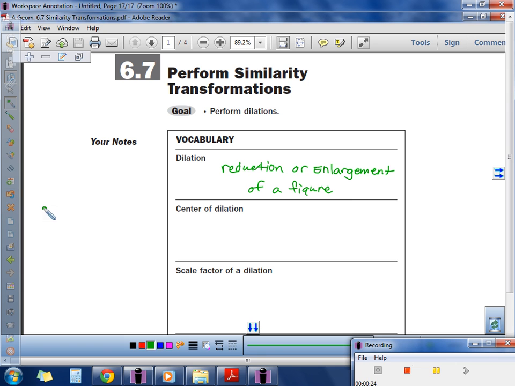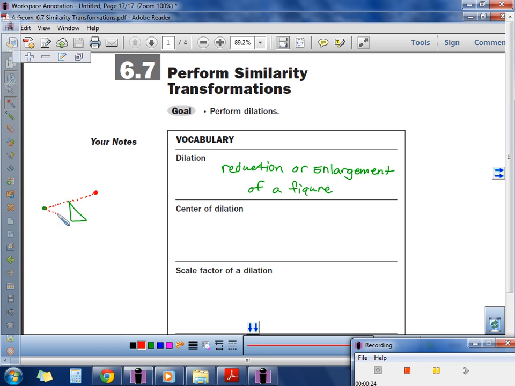If I say this is the center of dilation and I want to enlarge, we'll say this triangle, maybe by a scale factor of 2. That means I'm going to double all the dimensions. So the neat thing is I can look at this dimension and know that I need to double that, and that'll give me my new point.